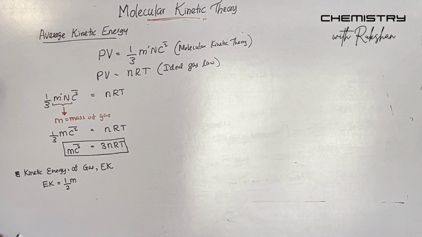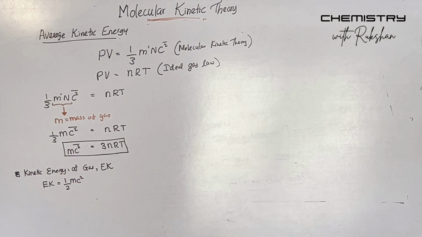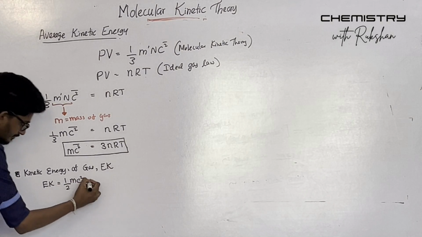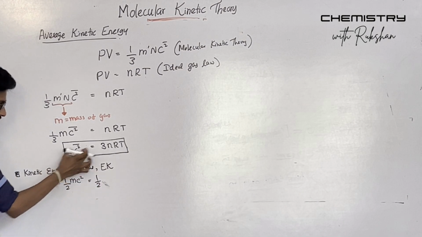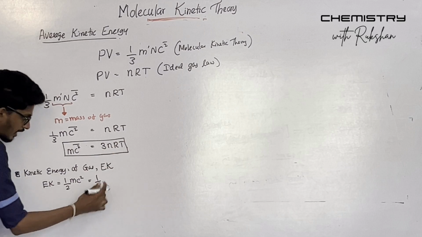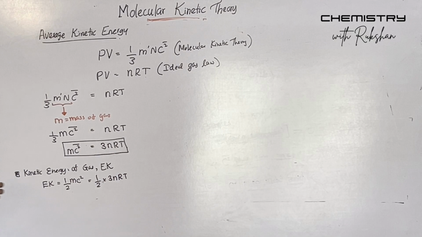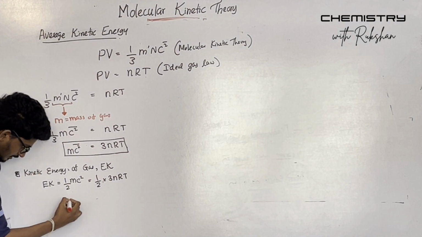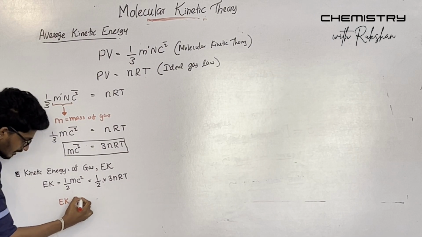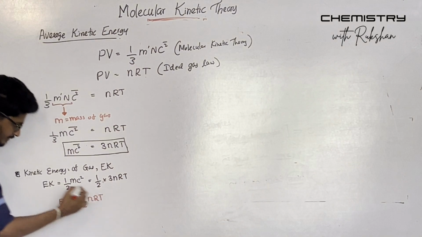In this case, as the speeds are denoted by c, half m c squared. Instead of m c squared, we can substitute half into 3 n R T. So E K is equal to 3 by 2 n R T.